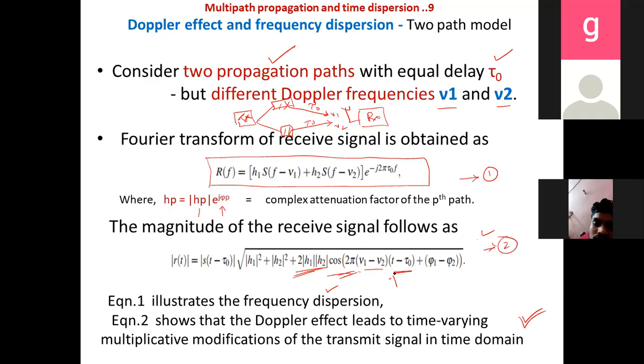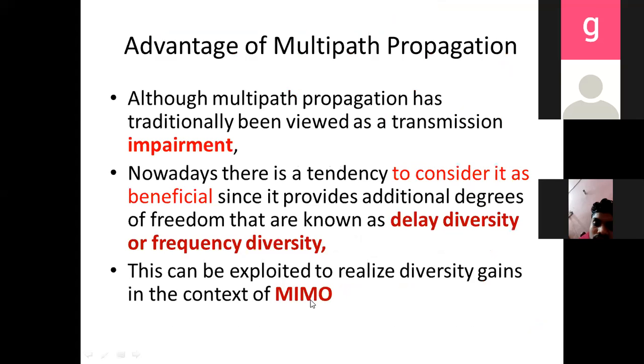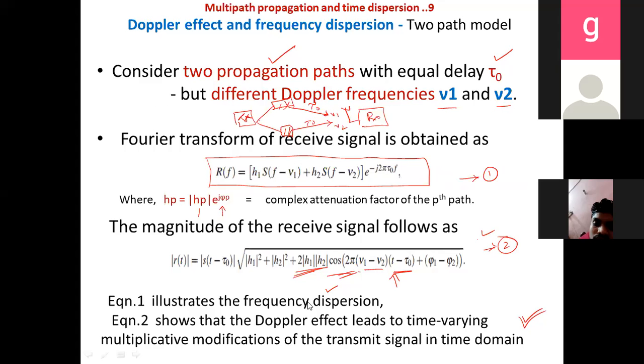This is how a signal received at the receiver changes its characteristics because of the Doppler effect. It's a frequency multiplicative effect. Okay, then you can see what will happen with this Doppler effect. I will discuss it in the second session slide.